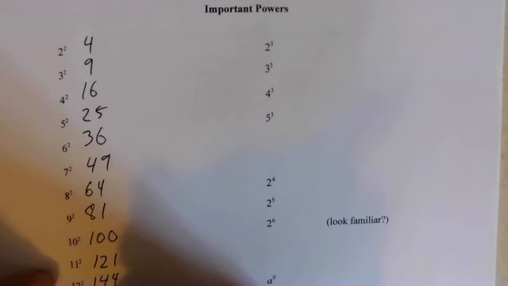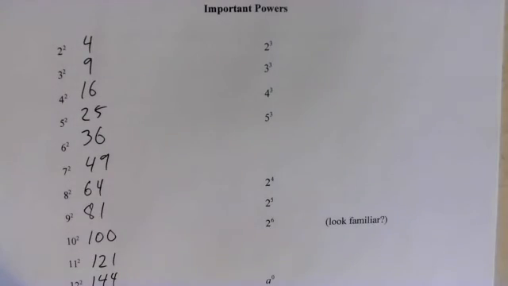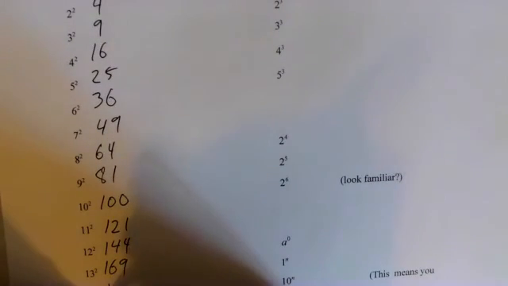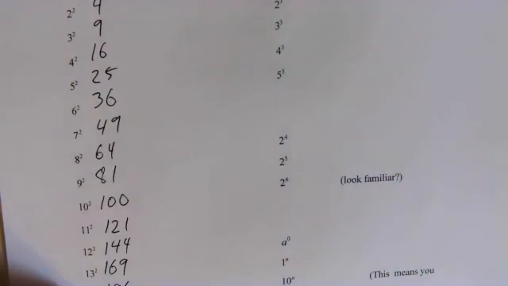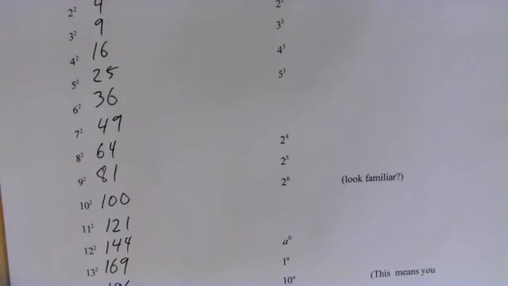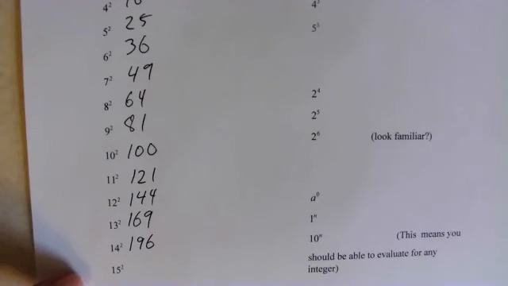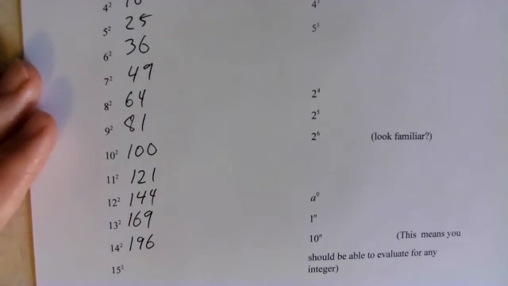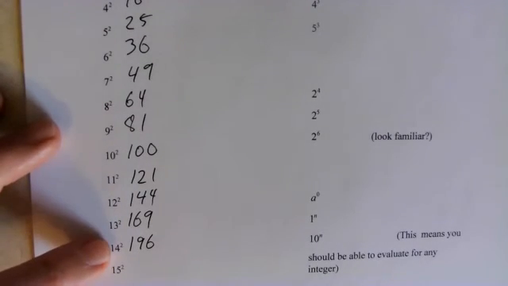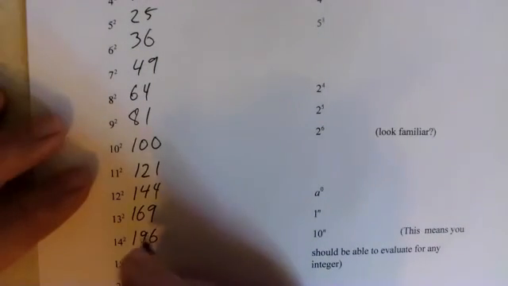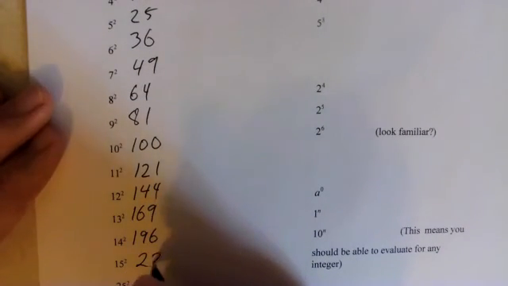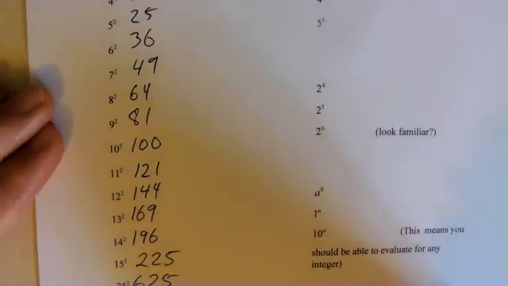We've got a 169. 14 squared, I find particularly important at 196 because it's really close to 200. That tells me that the square root of 2 is about 1.4. Then 225, and way up to 625.